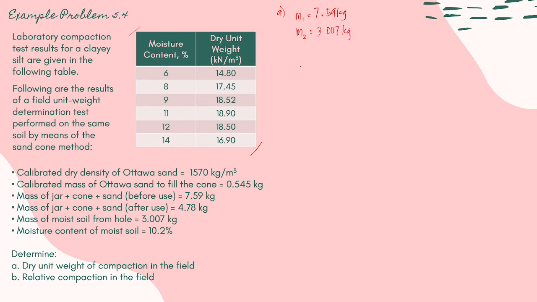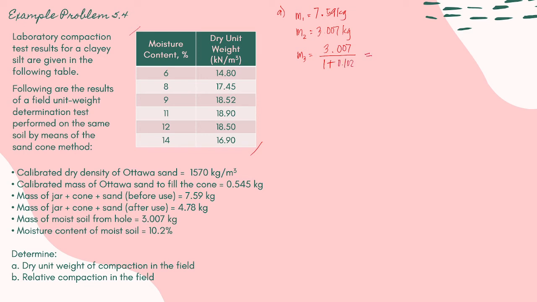For M sub 3, the mass of the dry soil, we can calculate using the formula: 3.007 kg all over 1 plus the moisture content of the soil, which is 10.2%, so 0.102.